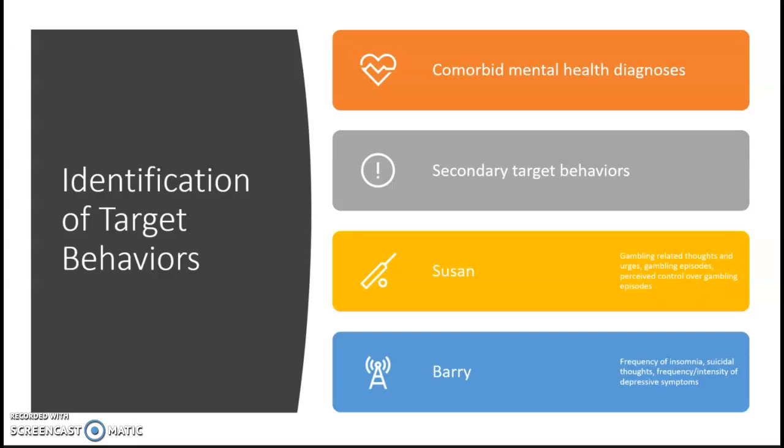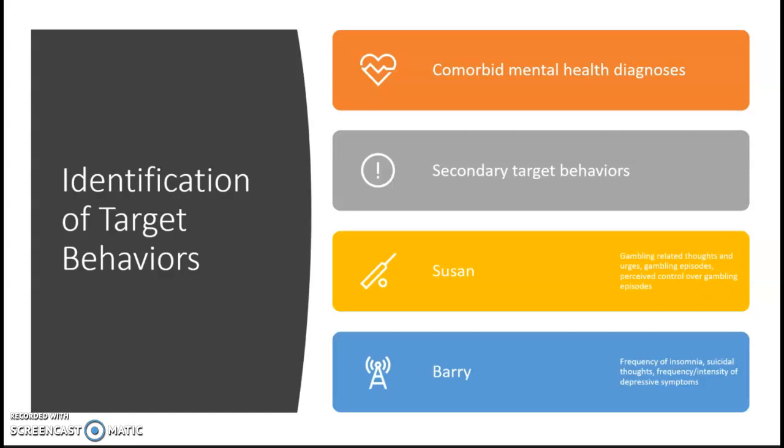So in this first important factor, when they're identifying target behaviors, they were also able to come up with comorbid mental health diagnoses, and they emphasized that secondary target behaviors should be created to create a balance between the overt and covert behaviors that are identified through the qualitative and quantitative measures.